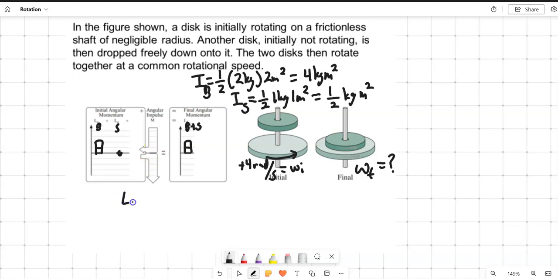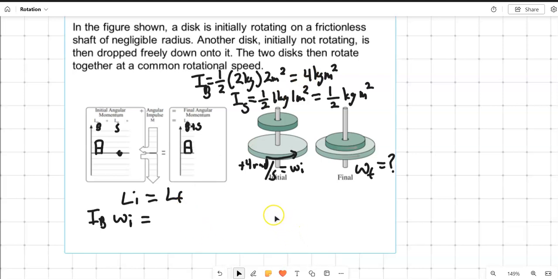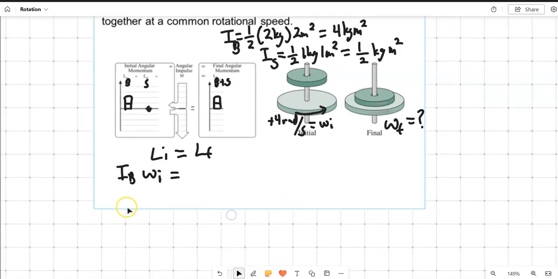impulses. We have the initial angular momentum equal to the final angular momentum, and in this case, the moment of inertia for the big disk times the big disk's initial angular velocity, which is 4 radians per second and 4 kilogram meter squared.